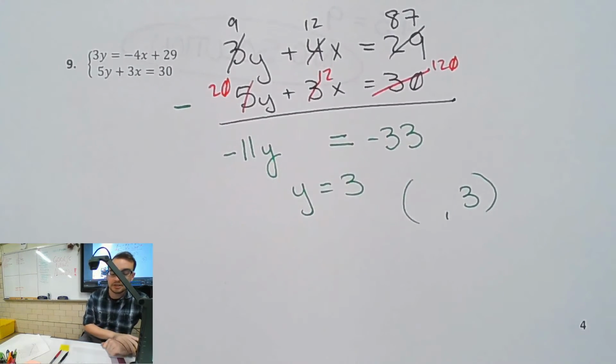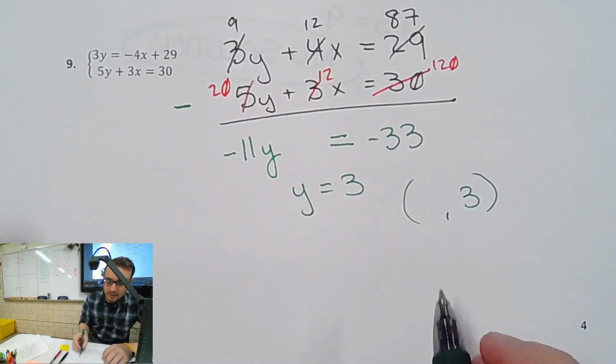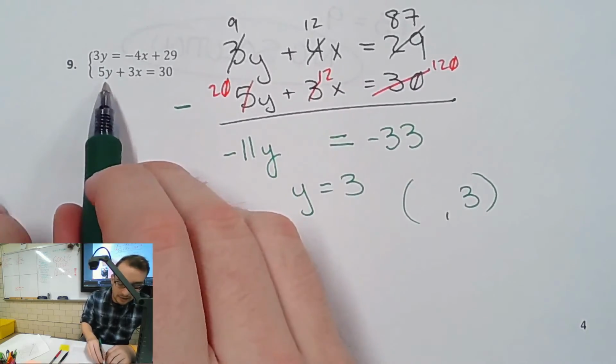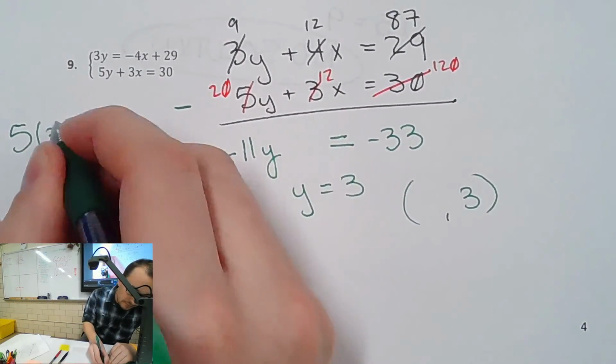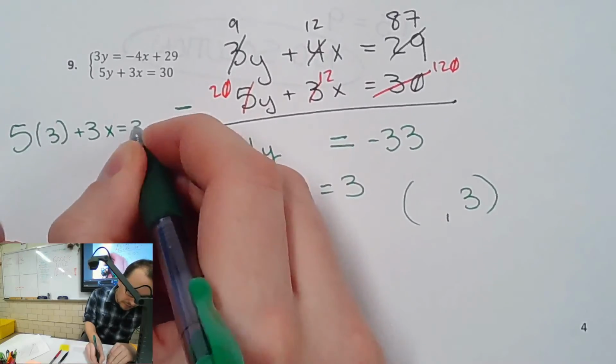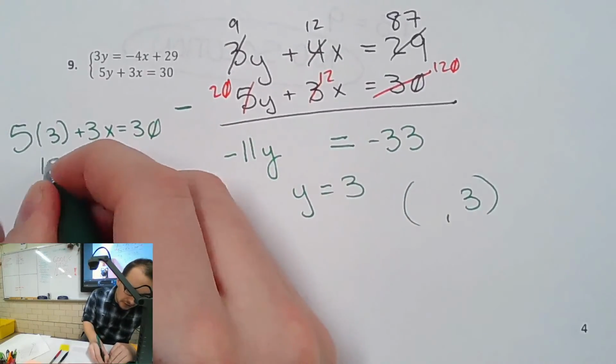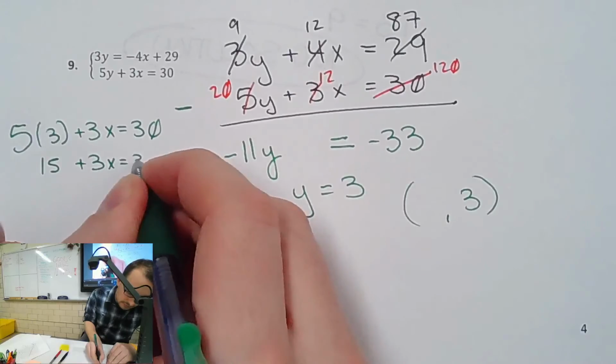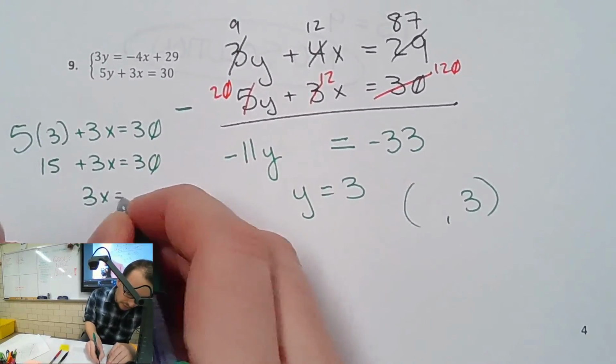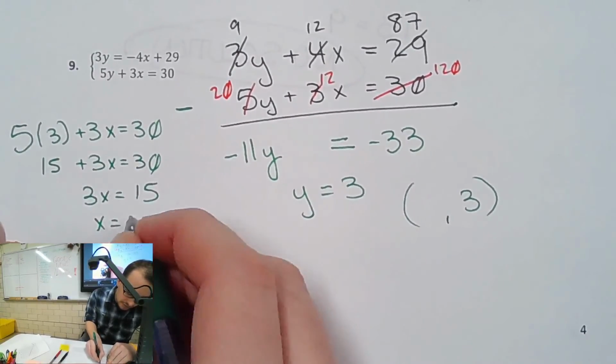How do I find out what x is? Plug it back in. Let's plug it in here for y. So we get 5 times 3 plus 3x equals 30. That's 15. That means 3x equals 15, which means x equals 5.